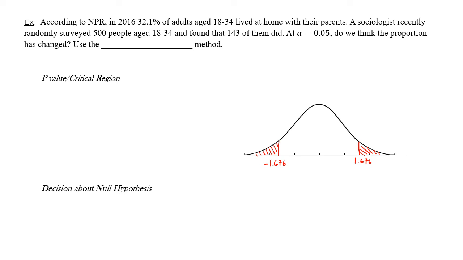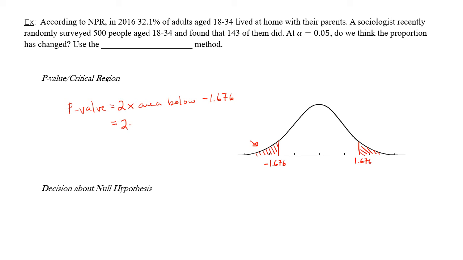But really what I'm going to do is just find this area and then multiply it by 2. So our p-value will be 2 times the area below negative 1.676, because by the symmetry of it, we know that this area would be the same as this area over here. So we can just simply multiply that area by 2.